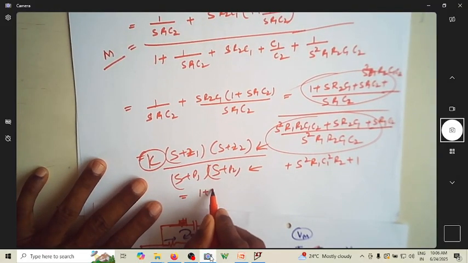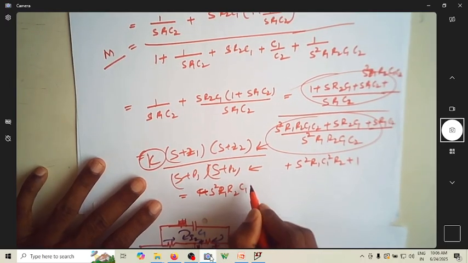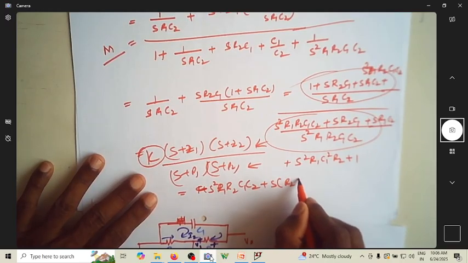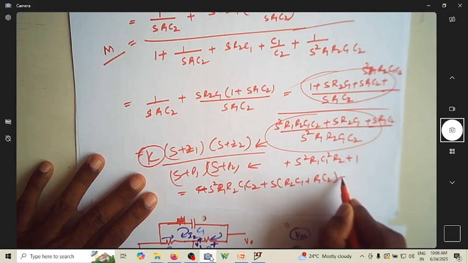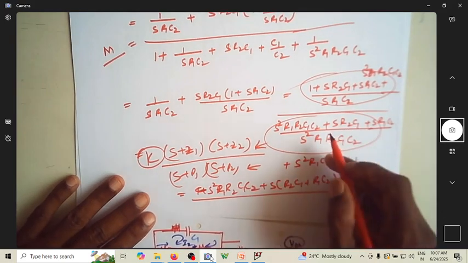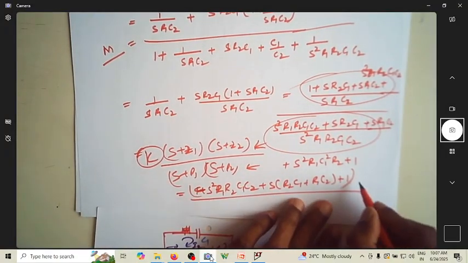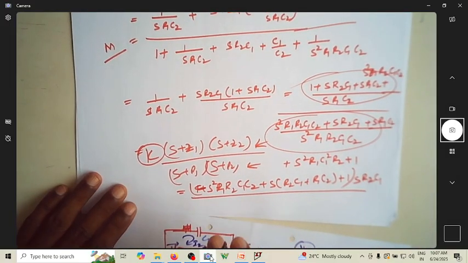It is 1 plus S square R1 R2 C1 C2 plus S into R2 C1 plus R1 C2 plus 1, whole divided by, when this goes up there, this entire thing is multiplied by S R2 C1.